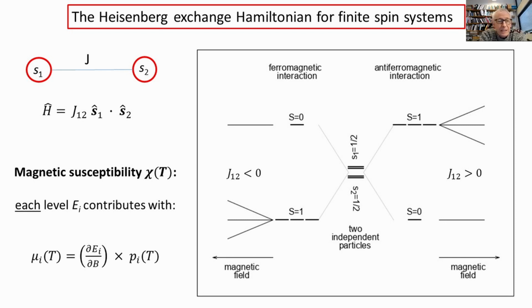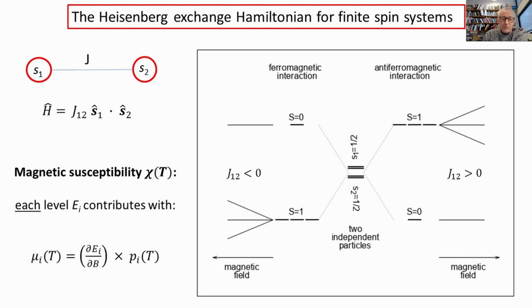See, if two small spins, each of quantum number 1/2, are interacting, where the interaction is described by this operator, it results in spin states having spin values of 0 and 1. And if this parameter is negative, the triplet, the S = 1, is the ground state. Or if this parameter is positive, the singlet is the ground state.